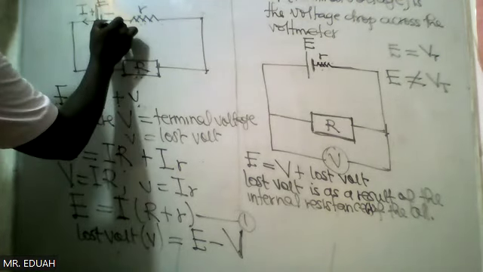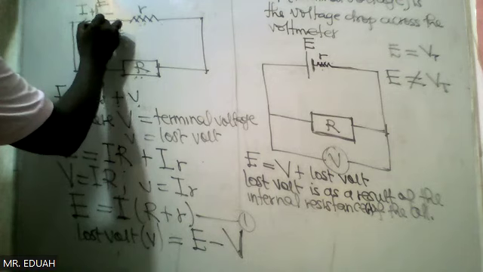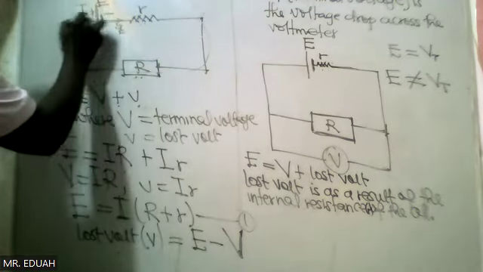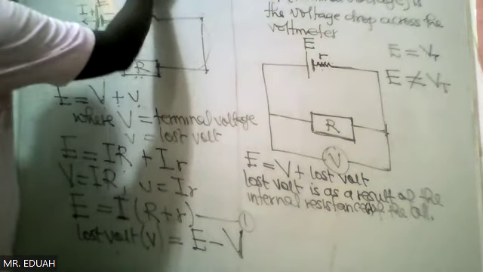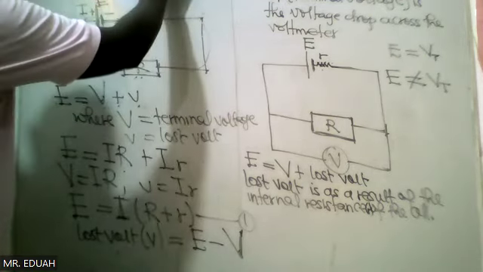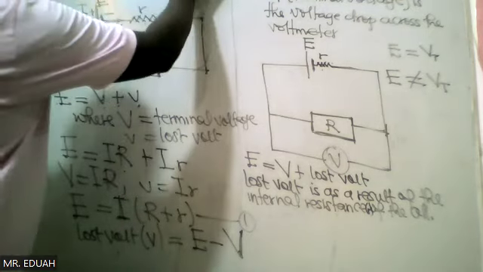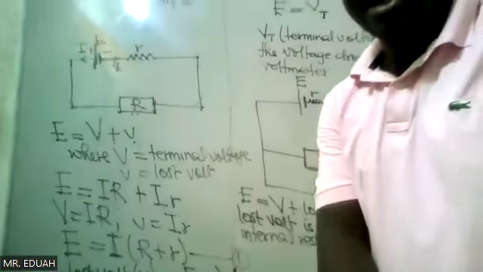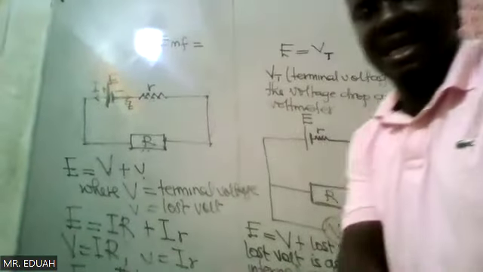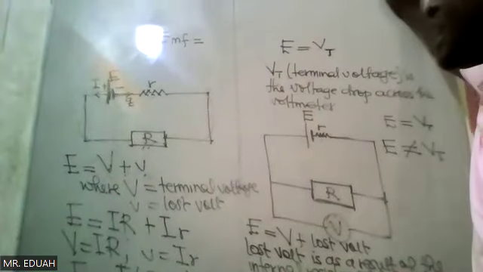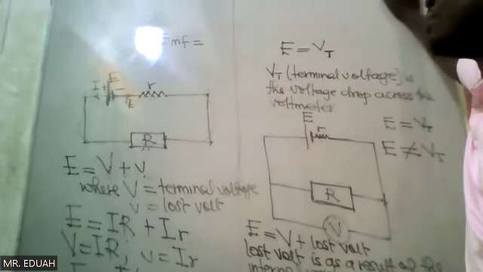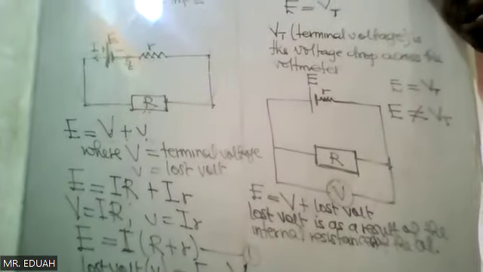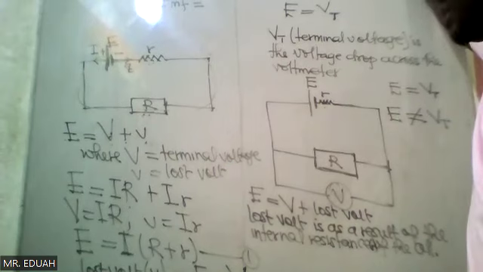So the work done in carrying a unit charge from the lower potential through to the higher potential is what we term as EMF, the electromotive force of a cell.